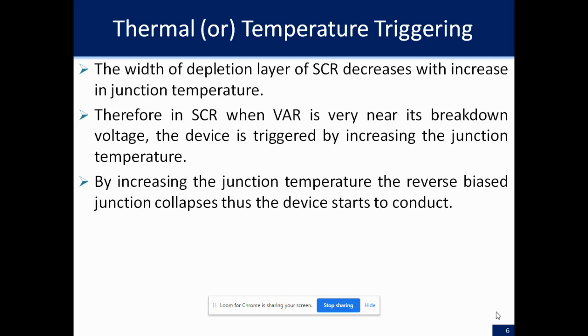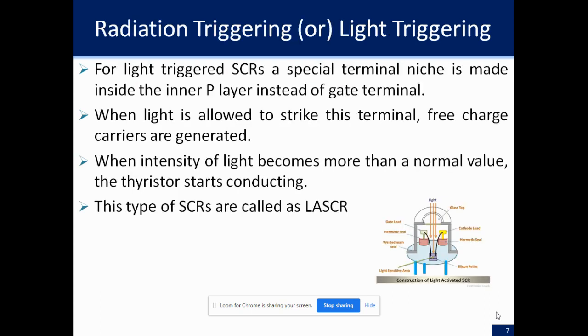In thermal or temperature triggering, we know that by increasing the junction temperature, the reverse bias junction collapses. Thus, the device starts to conduct. So this is what is called temperature triggering.